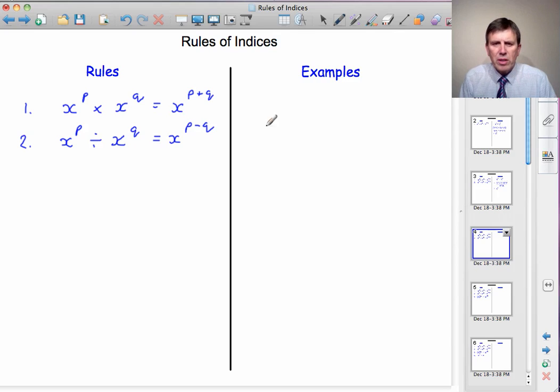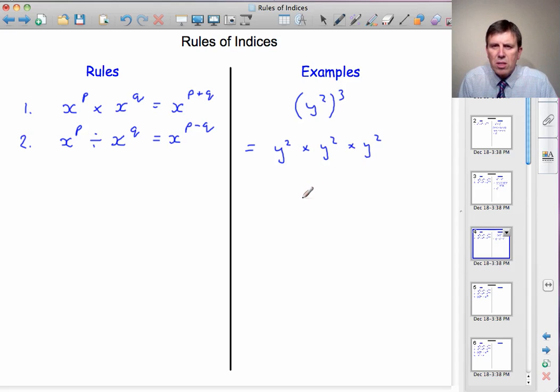For our third rule of indices, let's begin by considering y squared all cubed. If we want something cubed, we want the thing multiplied by itself again. So this is equal to y squared multiplied by y squared multiplied by y squared. But it's important that our rules for indices are consistent.